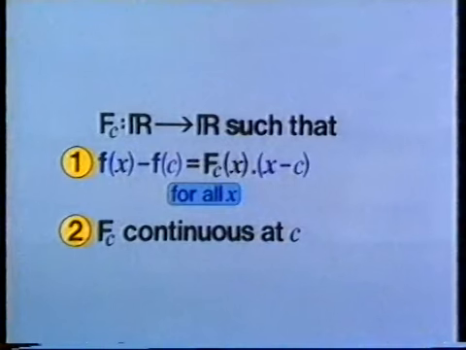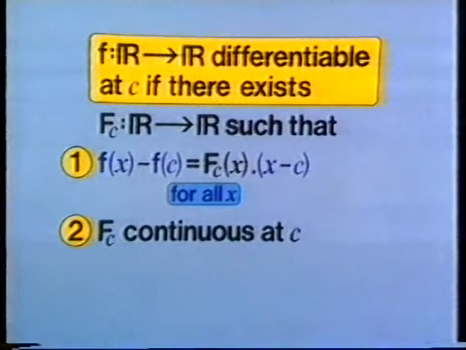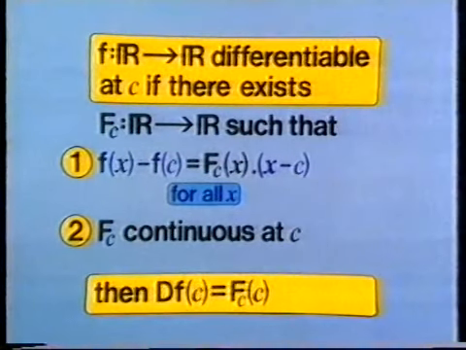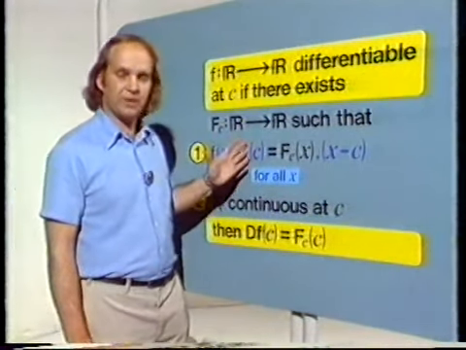This is the definition we'll use of the chord-slope function. And the function f is differentiable if such a chord-slope function exists, in which case the derivative at c is just the value of the chord-slope function at c. So we finally have our full definition for differentiability.